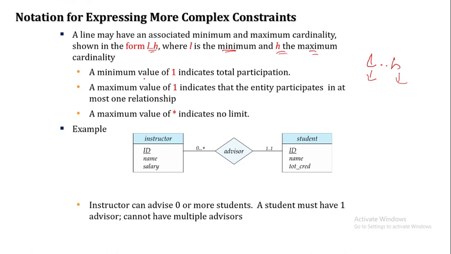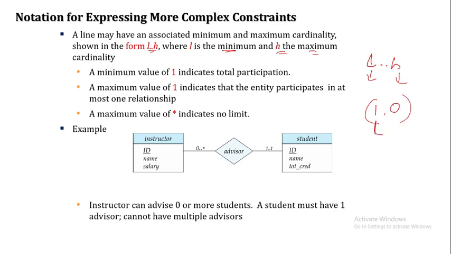Okay, a minimum value of 1 indicates total participation. A maximum value of 1 indicates that the entity participates in at most one relationship, at most 1 or 0. So this is the condition. What does this indicate?